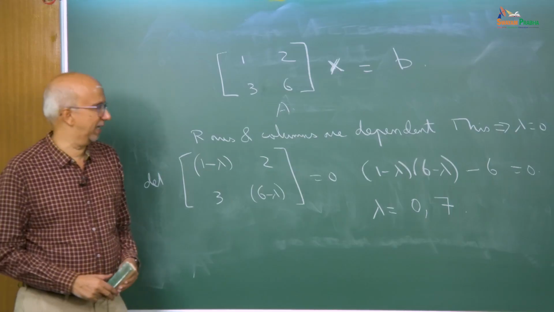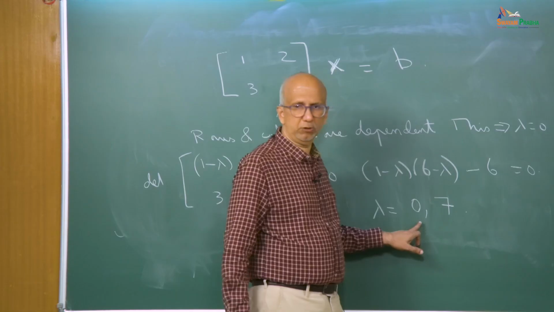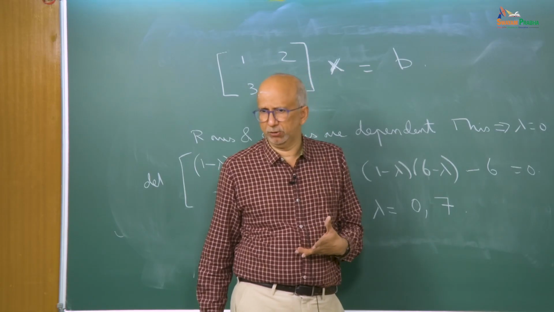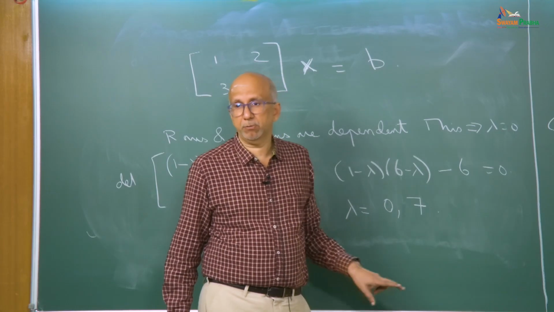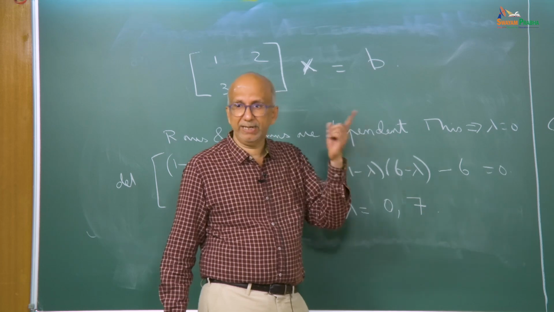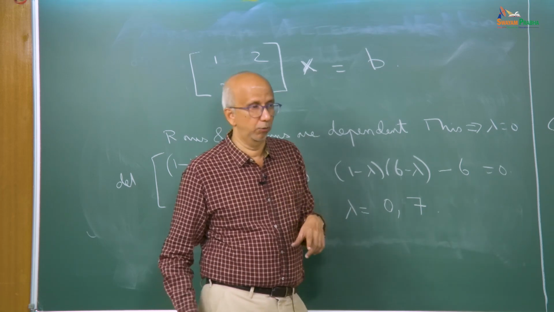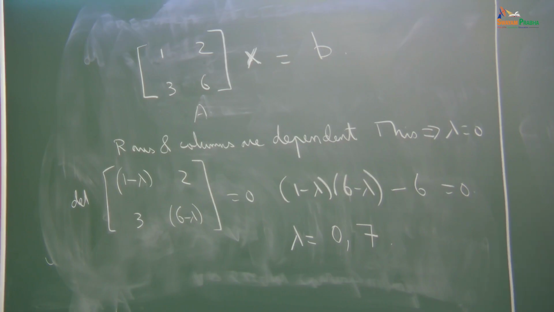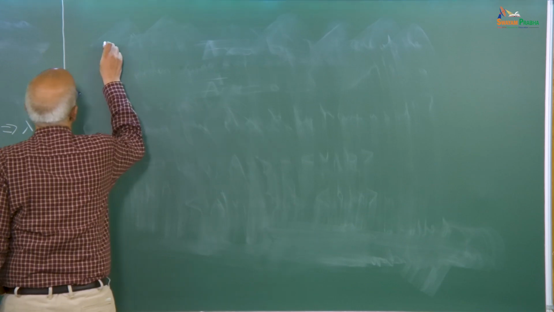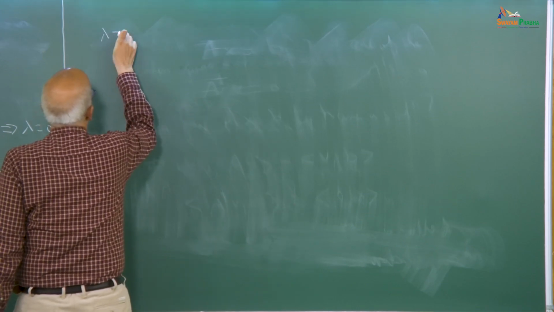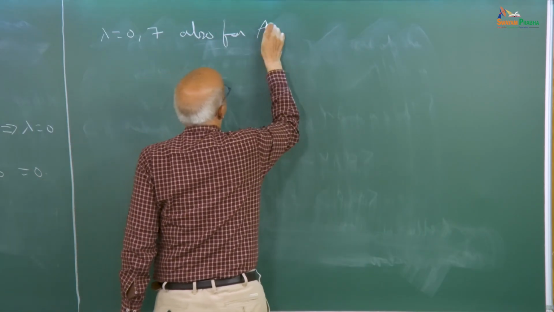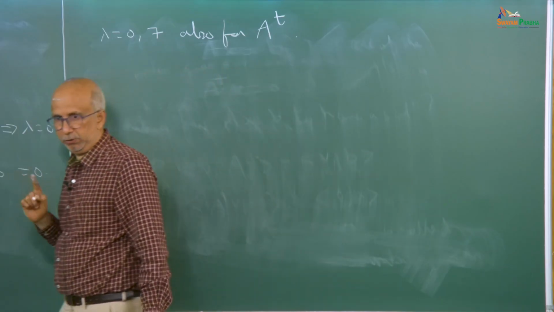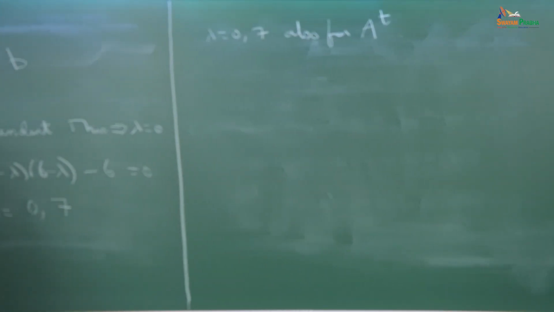So, I am not going to worry about this other eigenvalue now, my focus is on the lambda equal to 0 eigenvalue, because I want to find the eigenvector corresponding to lambda equal to 0 for A transpose. So, corresponding to A transpose, lambda equal to 0, comma 7 also for A transpose, because eigenvalues of A and A transpose are the same.